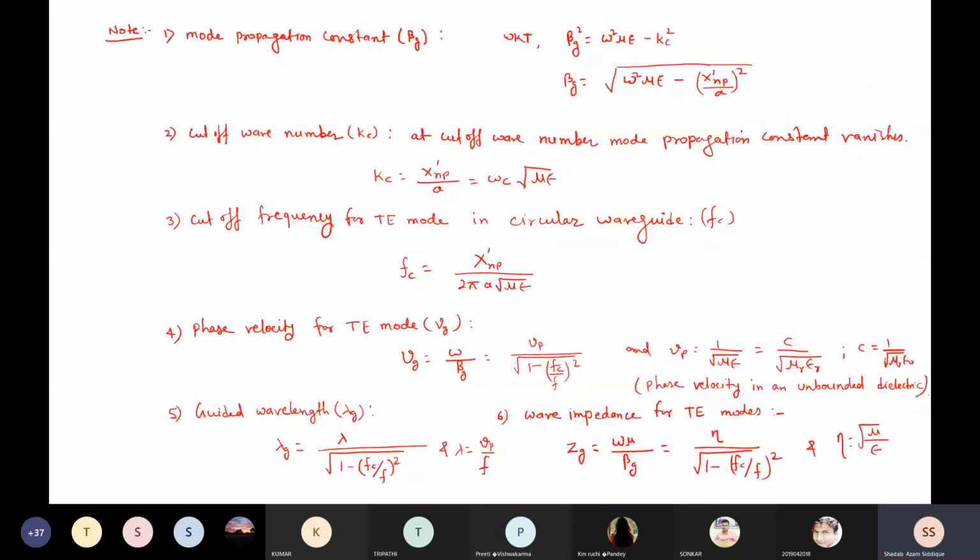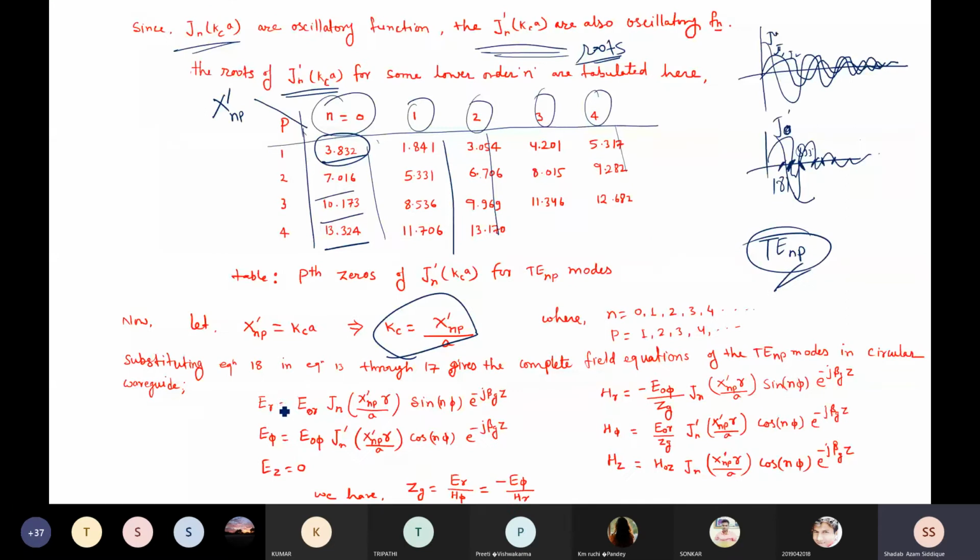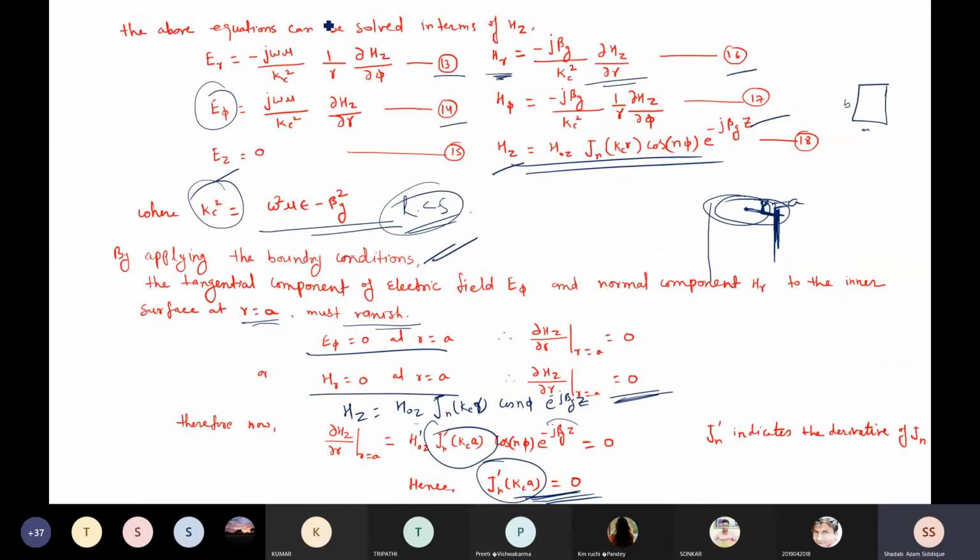We get Er equal to E naught r Gn Kc X'np dash r upon a sine n phi e to the power j beta g z. Why sine n phi? Because Hz is differentiated in terms of phi. Hz has a cos n phi value, so if we differentiate, we'll get sine n phi.